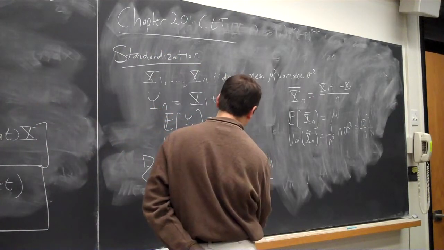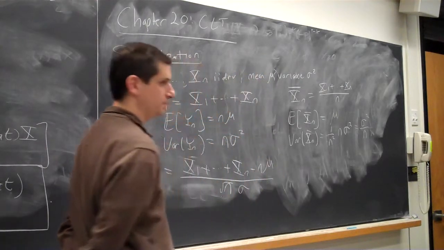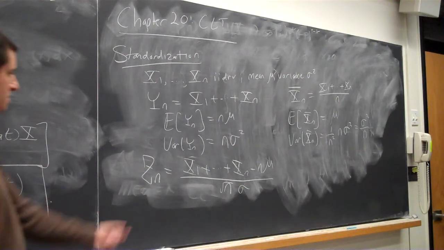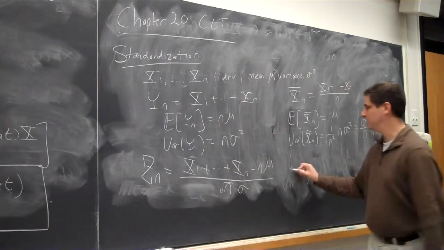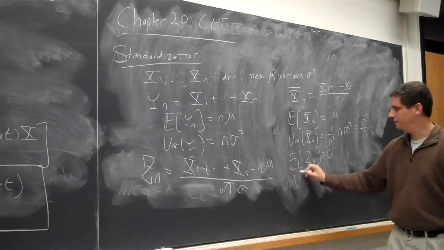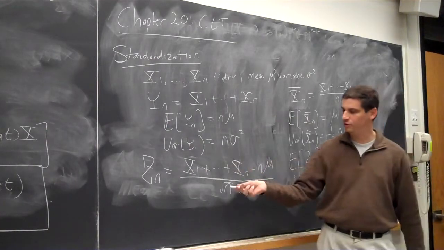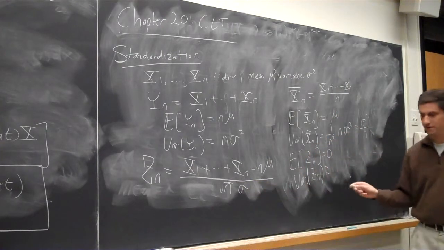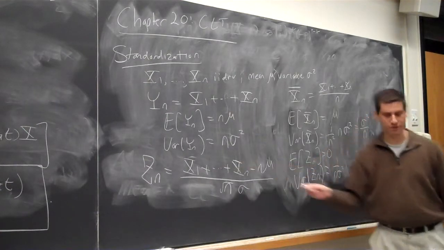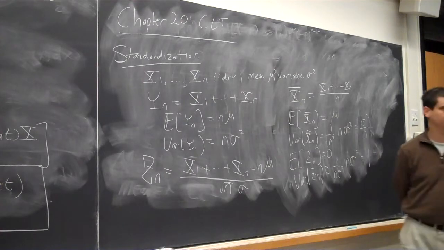So we might divide by square root of n times sigma. The expected value of Z n is going to be 0. And the variance of Z n, well, I now have 1 over square root of n sigma. I square that, I have 1 over n sigma squared. I have n terms, each with variance sigma squared. I now have variance 1.